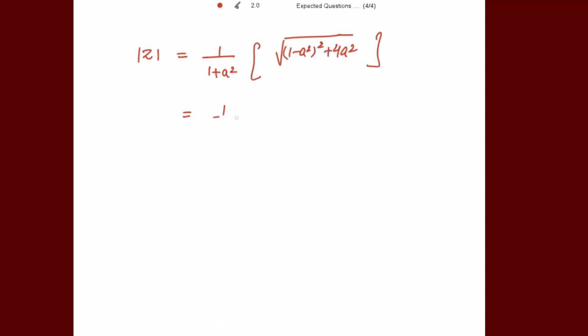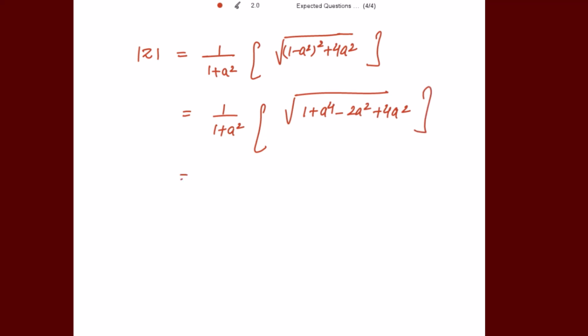So this is equal to 1/(1 + a²) times the square root of, solving the numerator, 1 + a⁴ − 2a² + 4a². Here 4a² − 2a² is 2a².